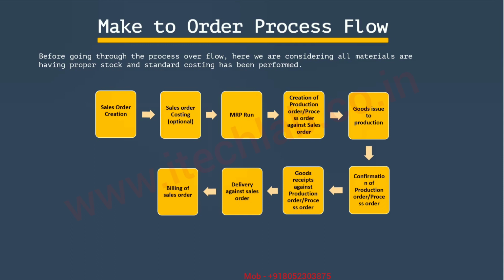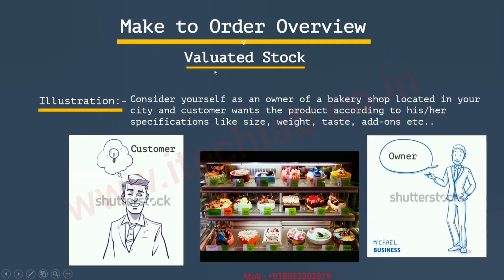And when I say, just come here, there is a word called valuated stock. What does valuated stock mean? Valuated stock means the customer has given his specification according to size, weight, taste and all, but the goods are going to be made by your own raw material.